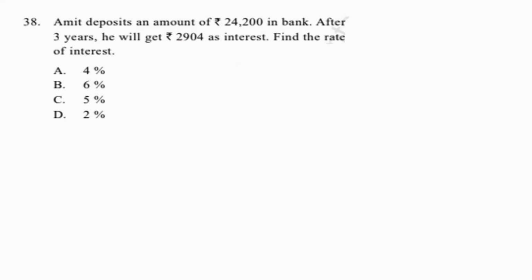Next, question number 38. This is a question from simple interest, which we have in comparing quantities. Over here, Amit deposits an amount of rupees 24,200 in the bank. After 3 years, he will get 2,904 as interest. The formula for simple interest is principal into rate into time by 100.